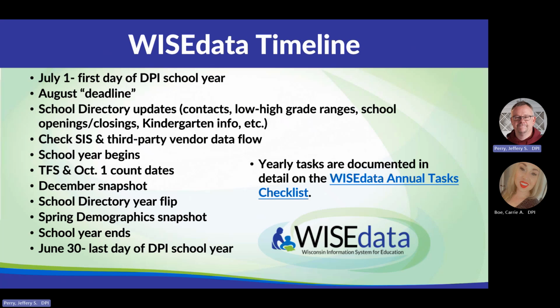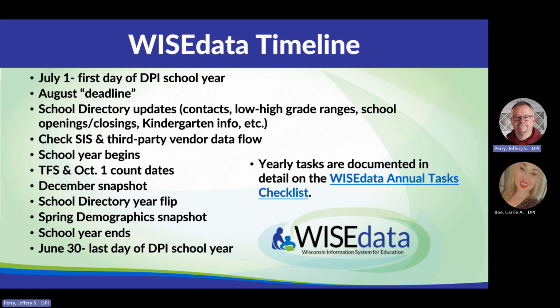There's contact information that changes, things like that can be put in the school directory before the school year even begins. Also, you can check your data flow from your student information system and any third-party vendors you may have to make sure that things are working correctly. You might need to work with your vendor on that just to make sure that before the school year begins, everything is flowing the way it should.